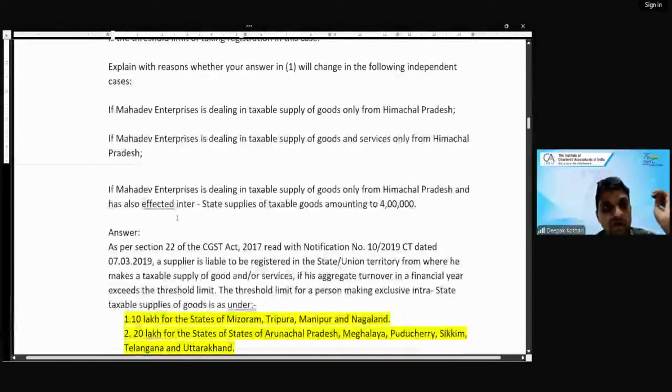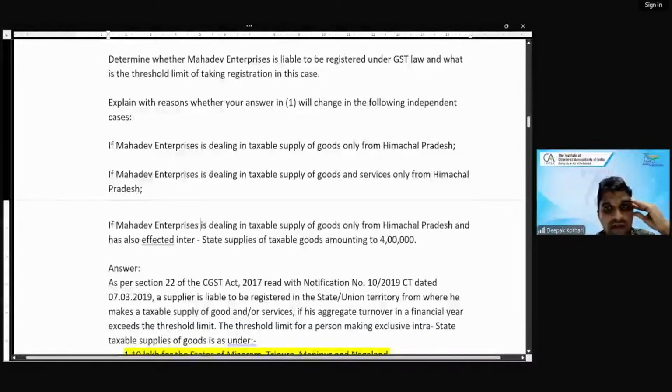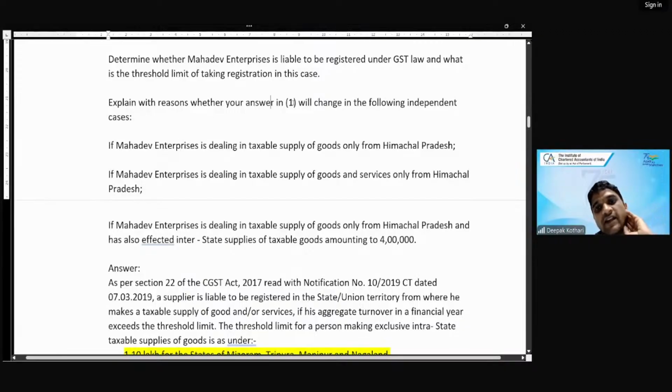Next is explain with reasons. Next, explain with reasons whether your answer in one will change in the following independent cases.